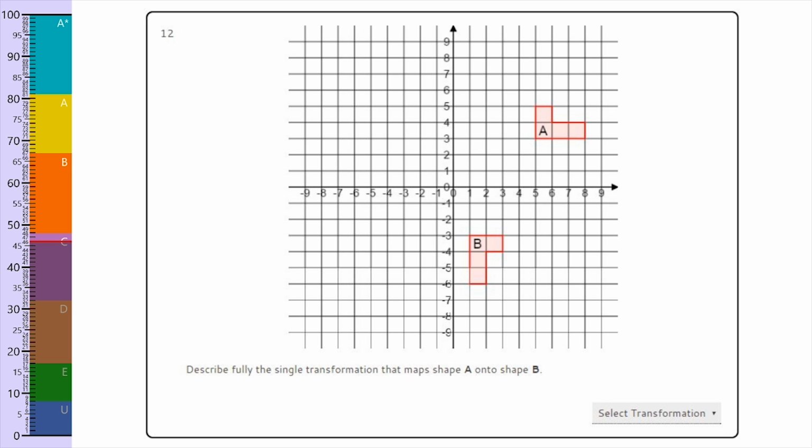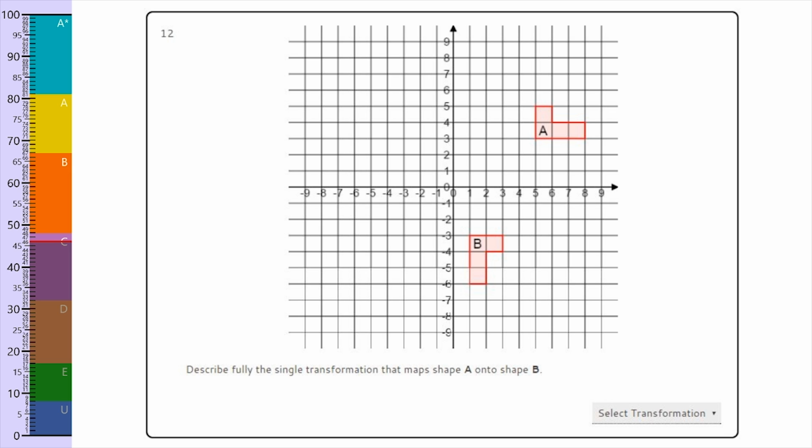Okay, good transformation description question. So you should know there's 4 transformations: reflection, rotation, translation, enlargement. And 2 of those 4 have 2 marks when asked for. Reflection, you're only going to be asked for the line of reflection, or the mirror line, whatever you want to call it.